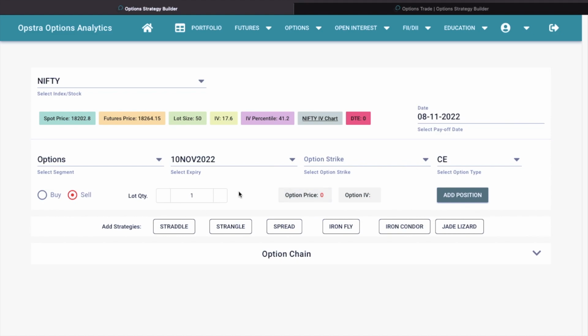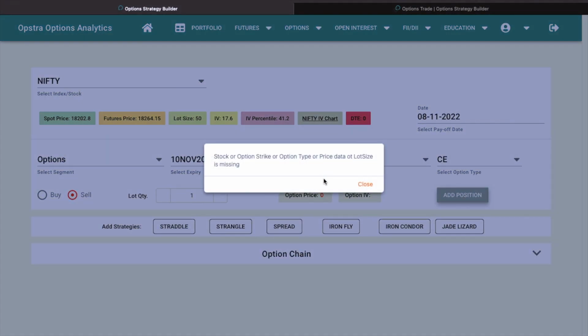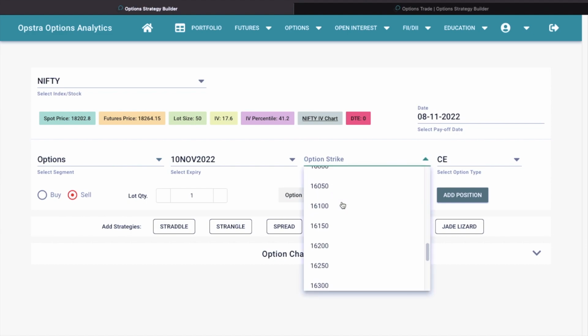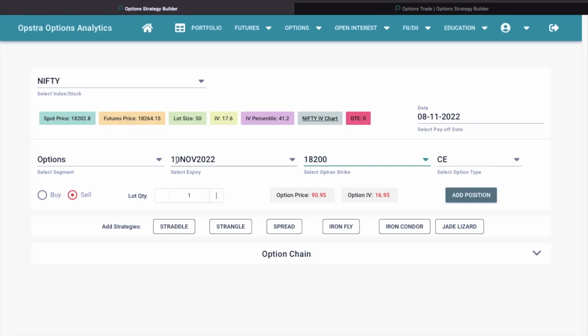I'm going to add a sell position, 1 CE, with option strike price 18,200. Okay, and Nifty we have selected.